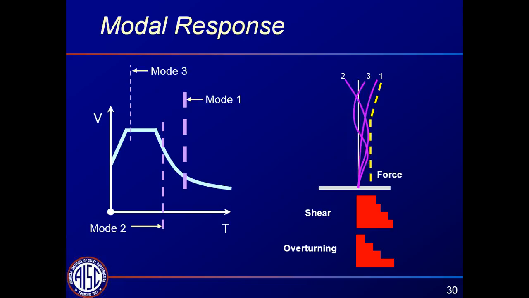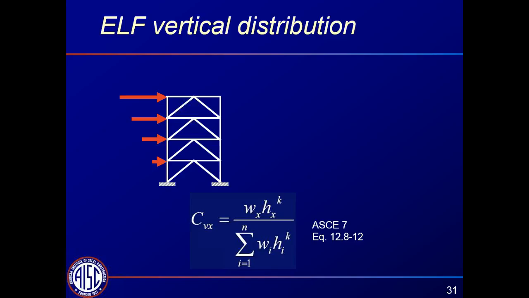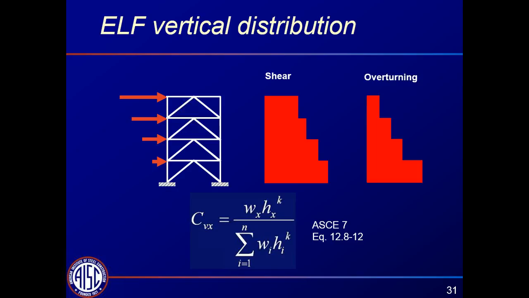And from that sort of simplification of the building response, the ASCE 7 vertical distribution was derived. And the vertical distribution does two things. It gives us perhaps appropriate shear to design for in our braced frame or shear wall at every level. And it gives us appropriate overturning to design for at every level. So that's the basic system.